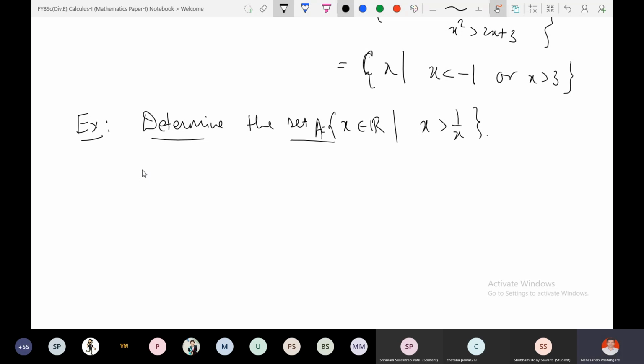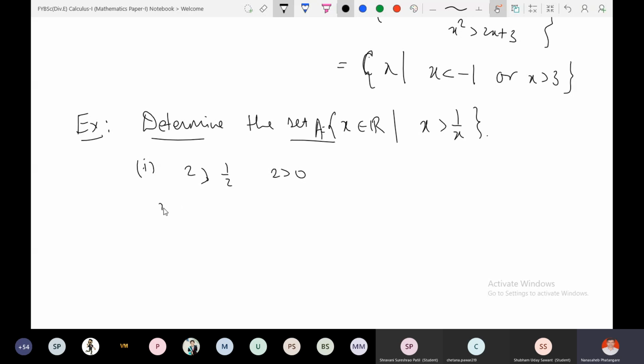So you can make various cases. Make the problem very simple so that we can write the answer easily and there will not be any confusion. For example, if I look at 2 and 1 by 2, which is greater? 2 is greater, right? Very good. So in this case, x is greater than 1 by x.